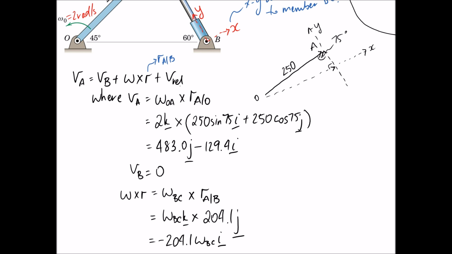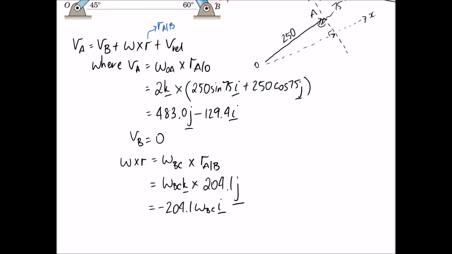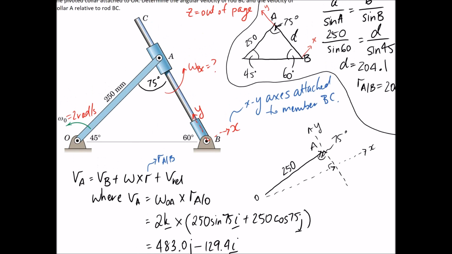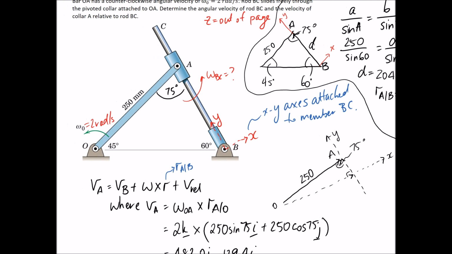Alright, so we only have one term left that we need to deal with, which is VREL. And recall that this is the velocity measured by someone standing on the coordinate system and rotating with that coordinate system. So imagine that I'm standing here at point B. I'm going to rotate with this member here. Alright, all I'm going to see in terms of how A moves is whether it moves away or toward me. Okay, because I'm standing on this member, I'm only going to see what happens in terms of how far away this gets from me.